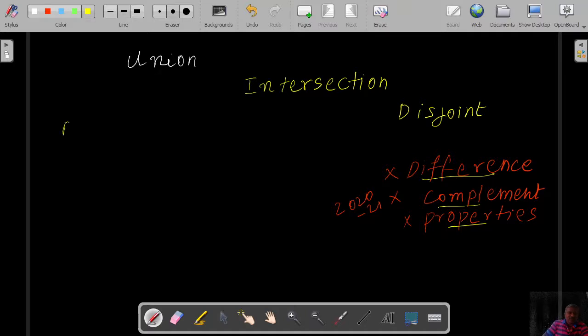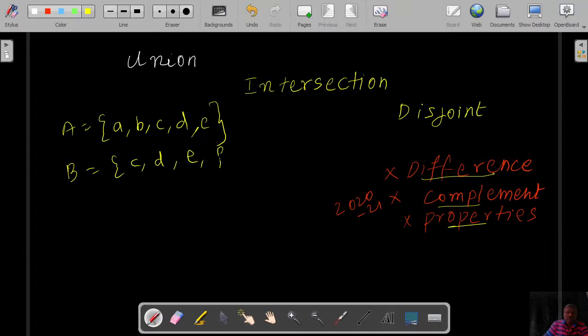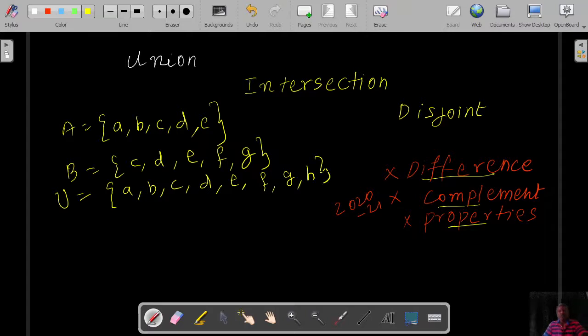So once again, supposing I take A is A, B, C, D, and let us say E also, I will just add E also, and B is C, D, E, F, G, and let us also assume there is one more universal set, a slightly bigger set, A, B, C, D, E, F, G and H. So now I am going to explain to you the several things in this.